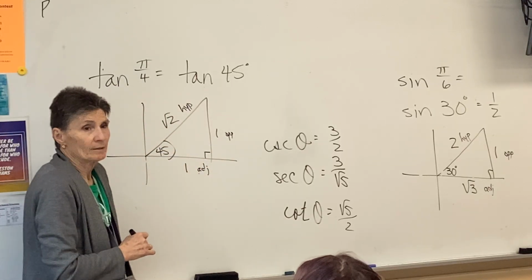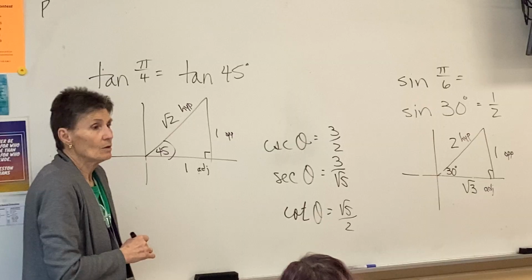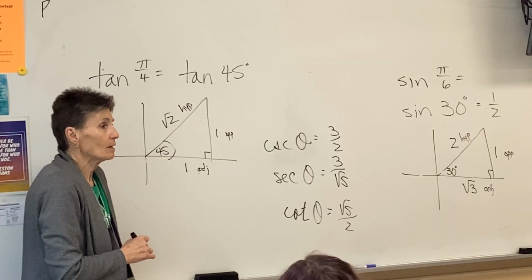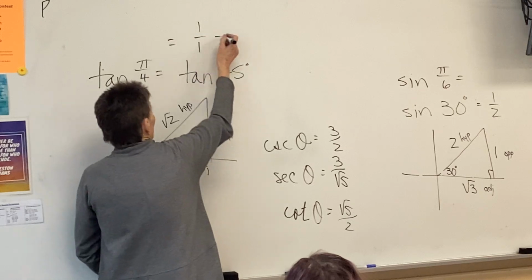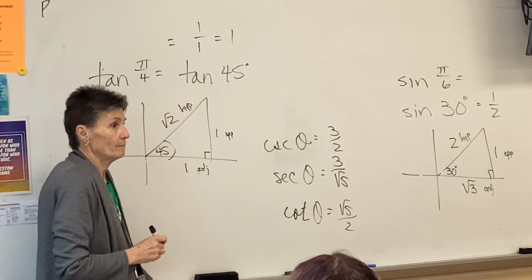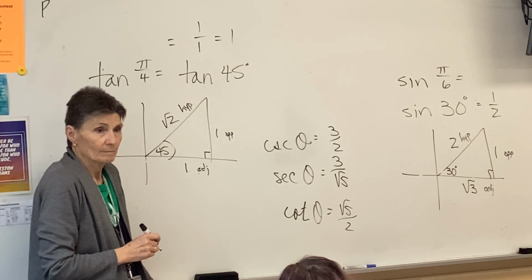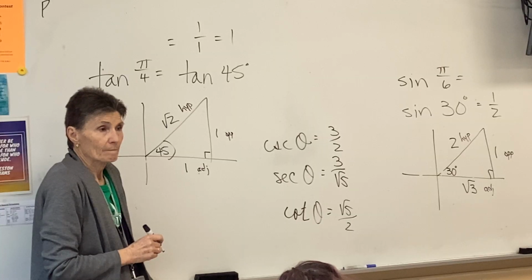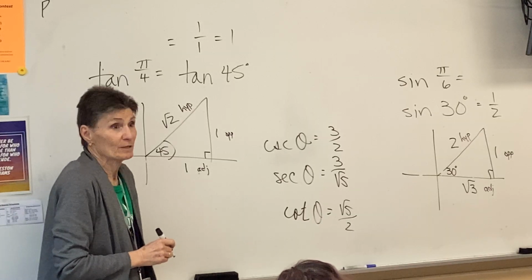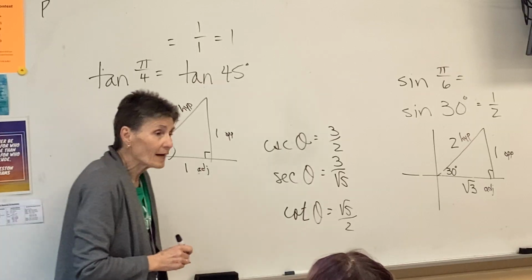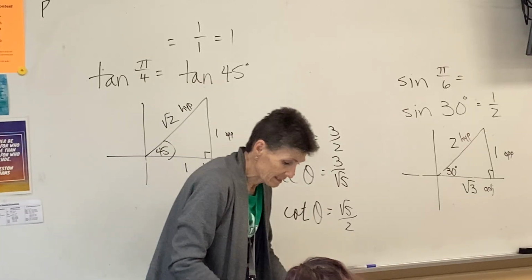What is tangent? Opposite over adjacent, so the tangent is 1 over 1, which is 1. You see what I meant when I said it was easy if you have everything memorized? There's a lot to know, but it's easy.